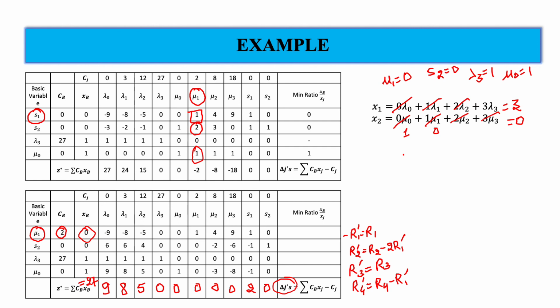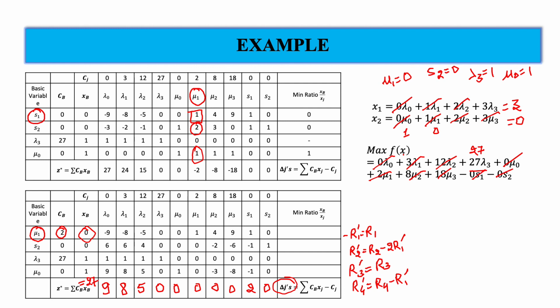Now what will be the maximum function value? This is our function value. In this you will see lambda naught is 0, mu1 is 0, mu2 is 0, and the remaining term is 1, so this will be 27. The other terms are already 0.